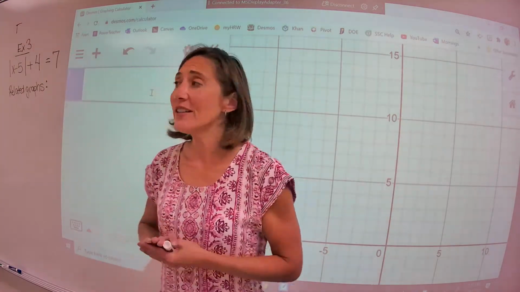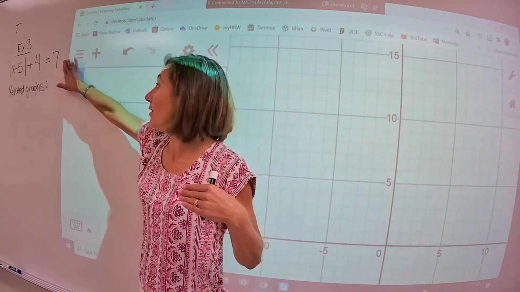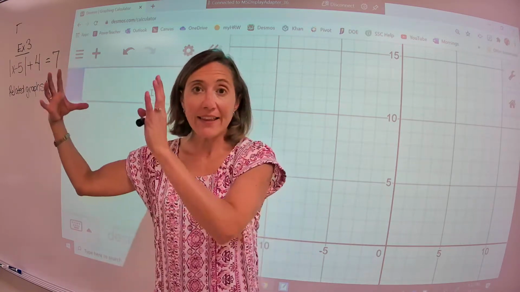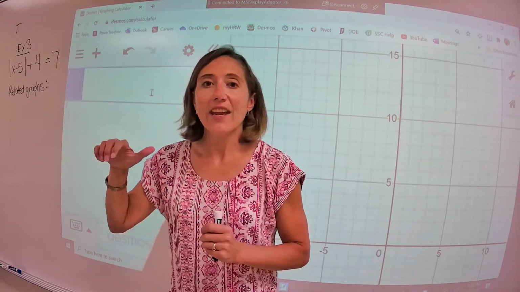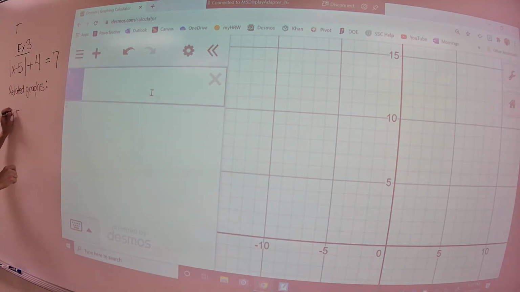All right, so here is our third example that we did yesterday in our notes. So we already know algebraically what the solutions are, so we just want to verify that graphically. So let's take the left side of this equation and turn it into a function. Y equals the absolute value of x minus 5 plus 4.